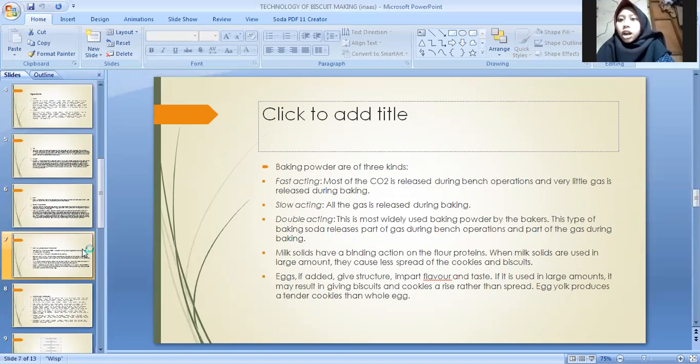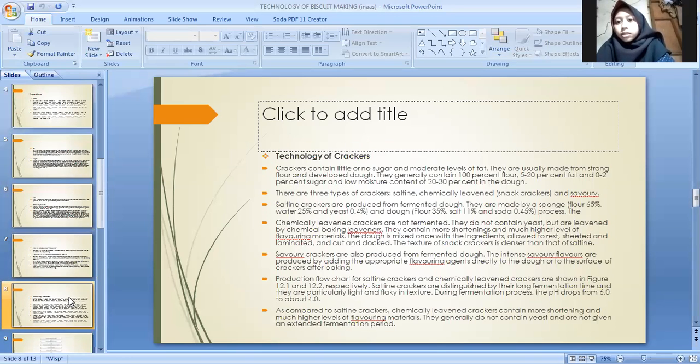Baking powder is of three kinds: 1. fast-acting, 2. slow-acting, 3. double-acting. Milk solids have a binding action on the flour proteins, and eggs, if added, give structure, improve flavor and taste.